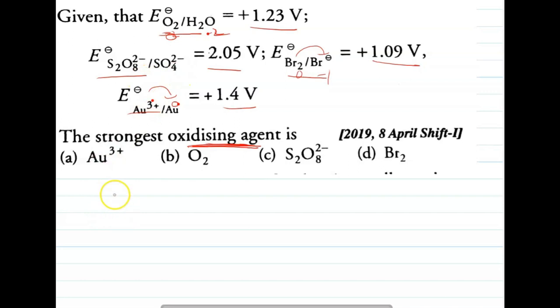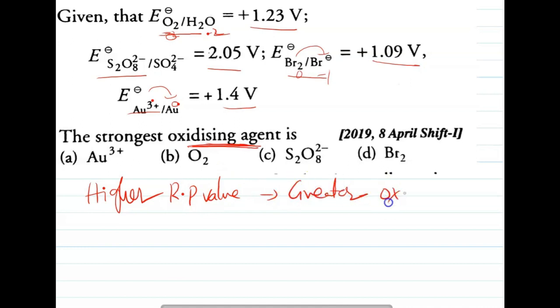When all reduction potentials are given, higher is the reduction potential value, greater is its oxidizing power. That is, it acts as a good oxidizing agent.